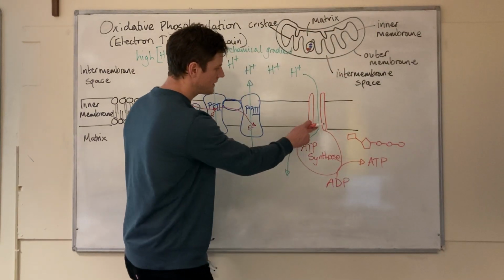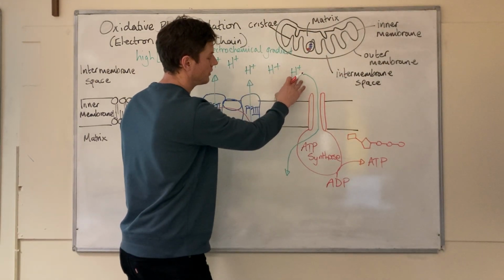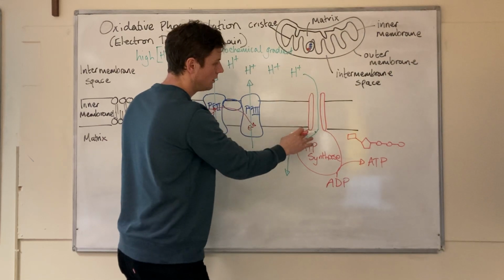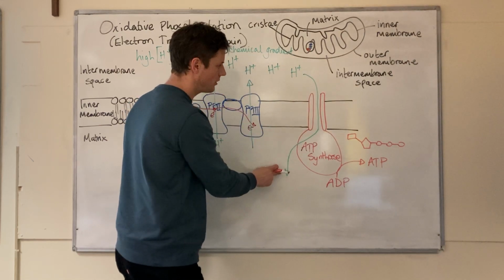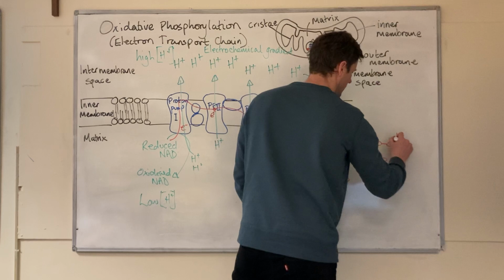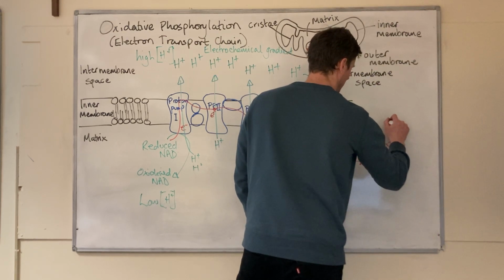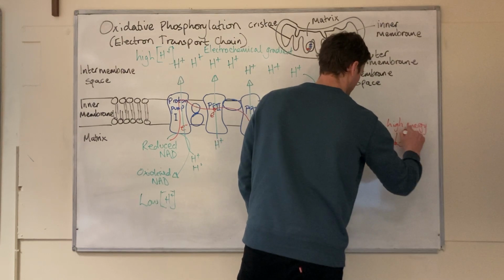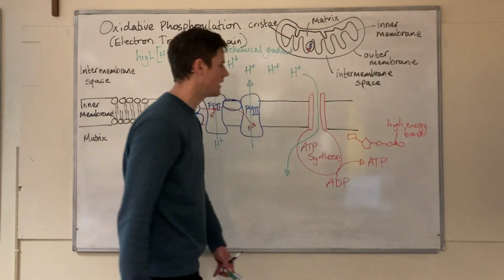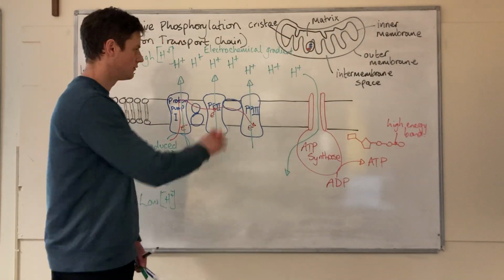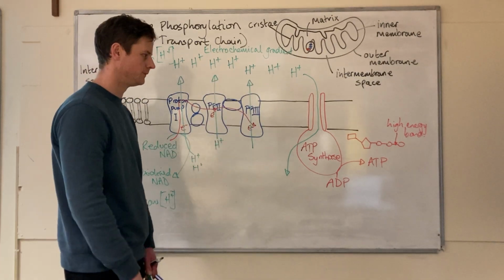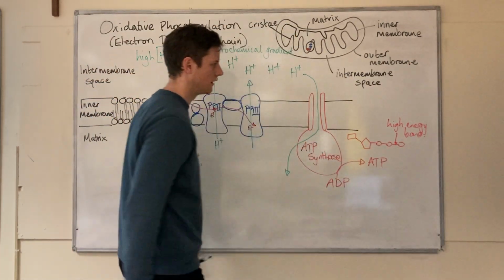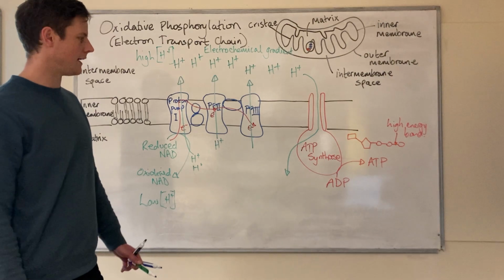That chemical potential energy, transformed from the kinetic energy of the protons, is in this terminal bond, this high energy bond. So this is just an example of an energy transfer from kinetic to chemical potential. That chemical potential is stored in that high energy bond in ATP.